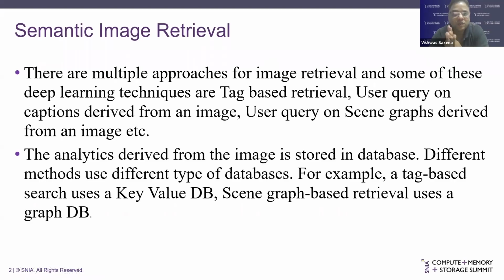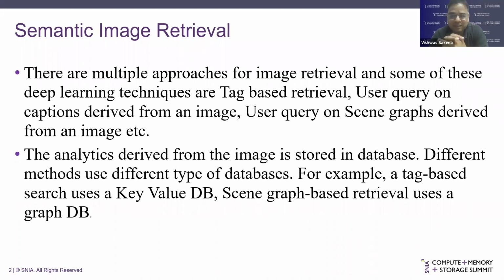So let's talk about the problem of semantic image retrieval. There are multiple approaches for image retrieval, and some of these deep learning techniques are either doing a tag-based retrieval or user queries, basically captions derived from an image, or user query, let's say scene graphs derived from an image.